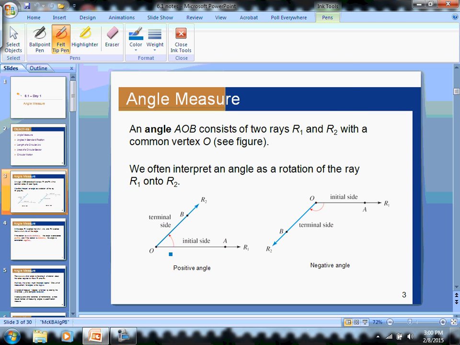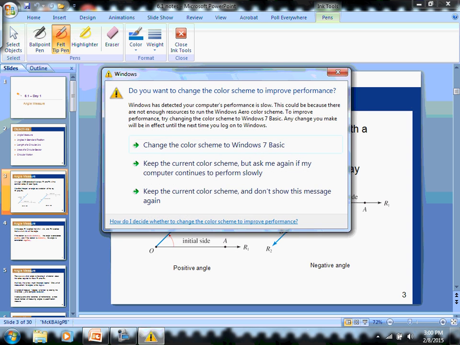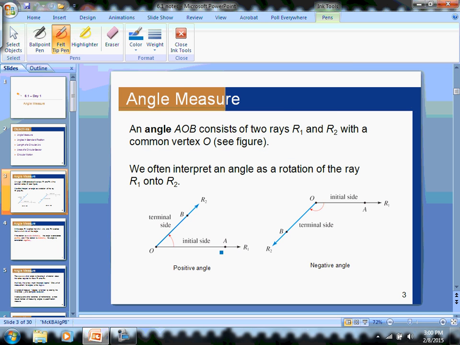When you're starting at your initial side, your first ray, here R1, you open up the angle until you come to the terminal side, which is R2.